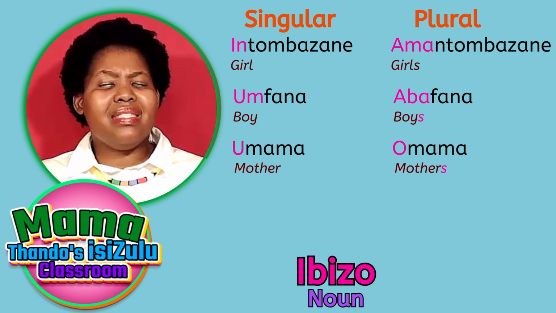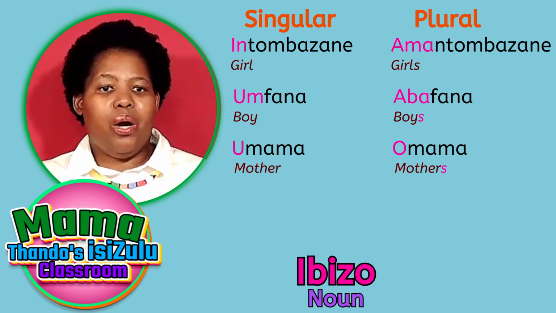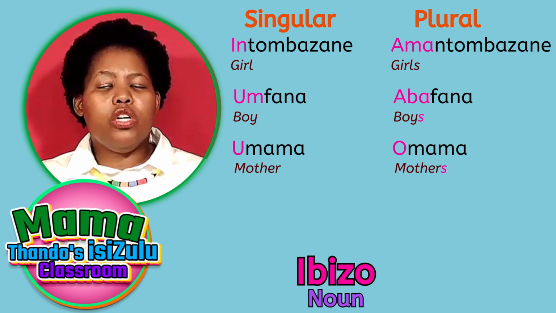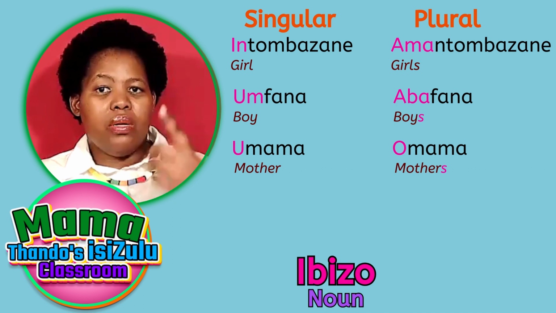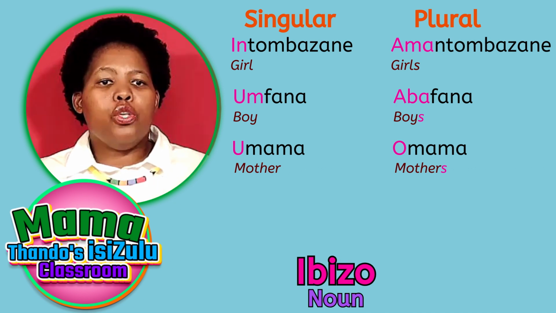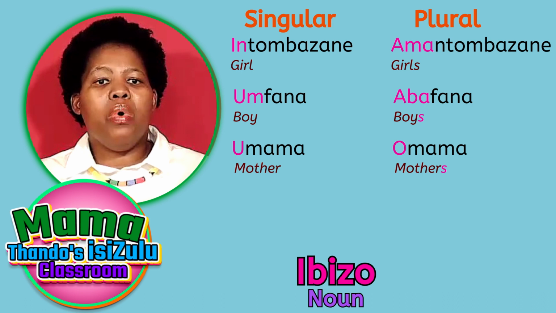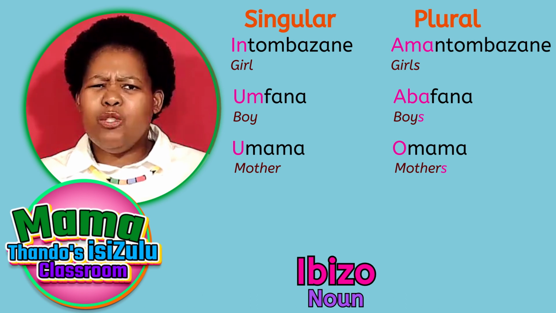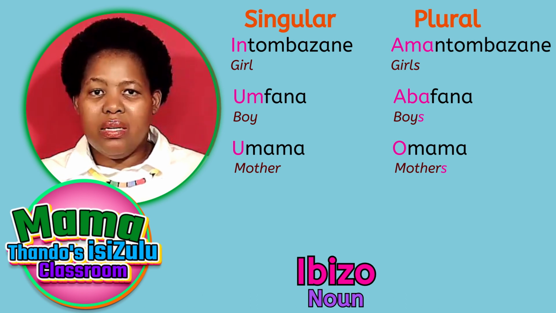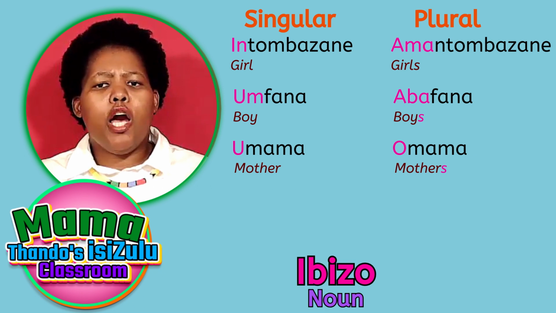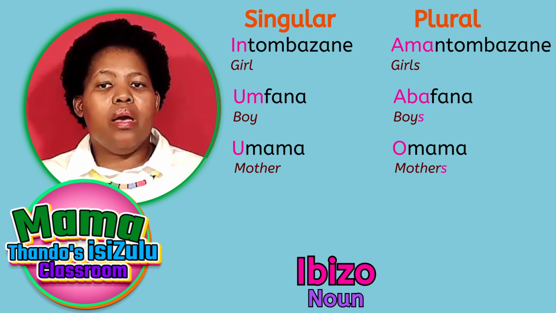We don't see that I anywhere now. Look at the word umfana, a boy. When it is singular, just one boy, it starts with the letters Um. But when it is plural, boys, it starts with the letters Aba, A-B-A, abafana.